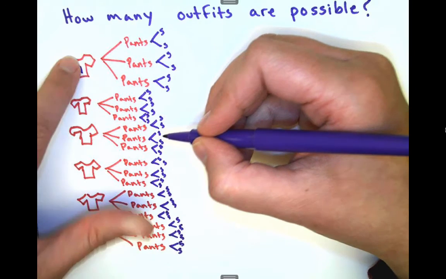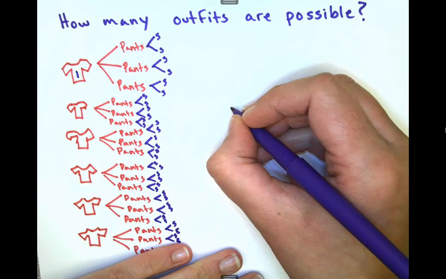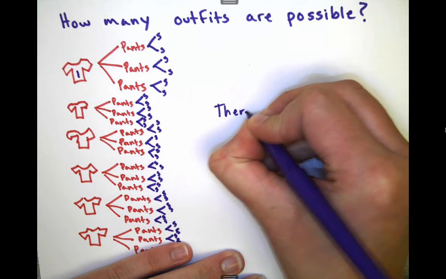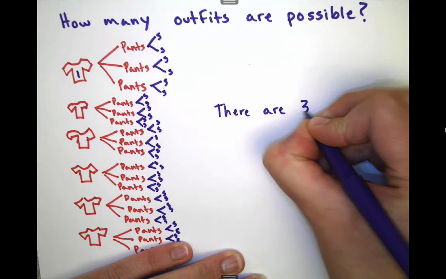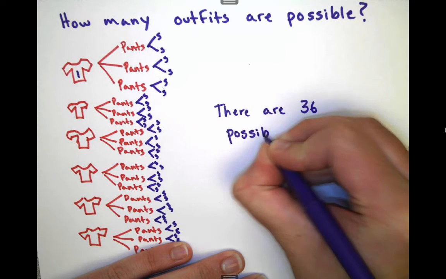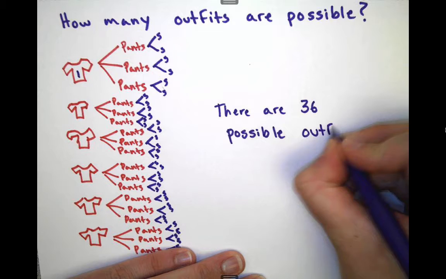So 6 shirts with 6 options, 6 times 6, that's 36 possible outcomes here. So there are 36 possible outfits you can make. I'm just going to say there are 36 possible outfits.